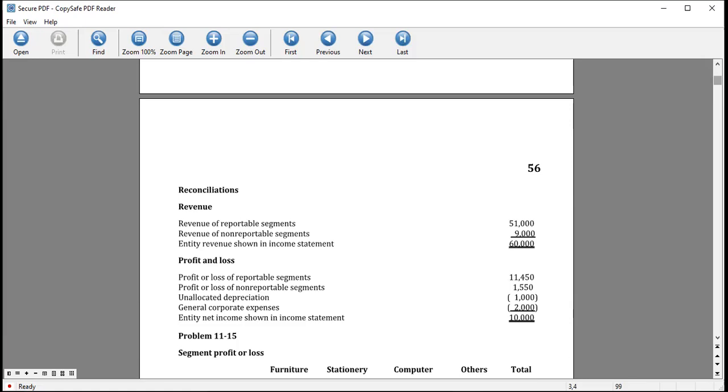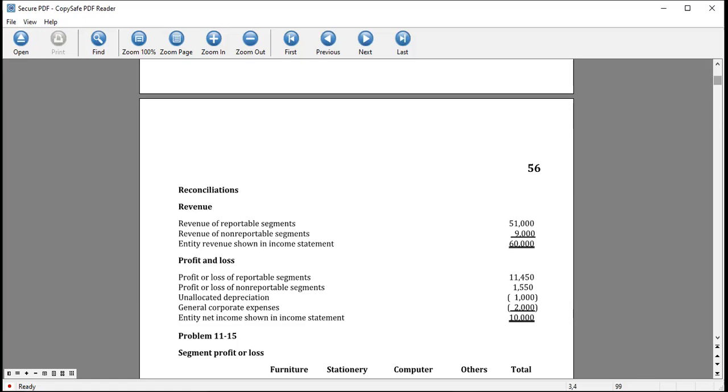And number 3, the reconciliation. Okay, so we have now the reconciliations between segment information and amount shown in the entity's financial statements.